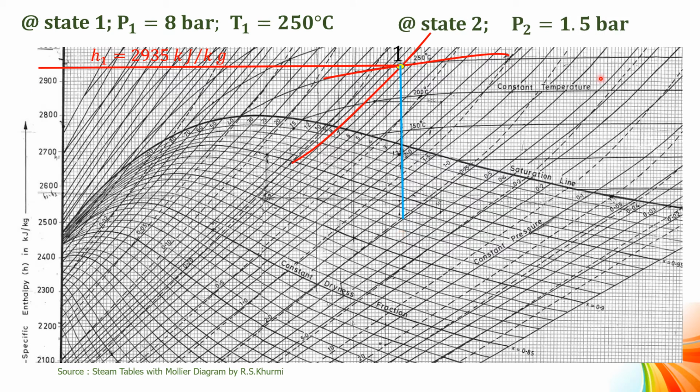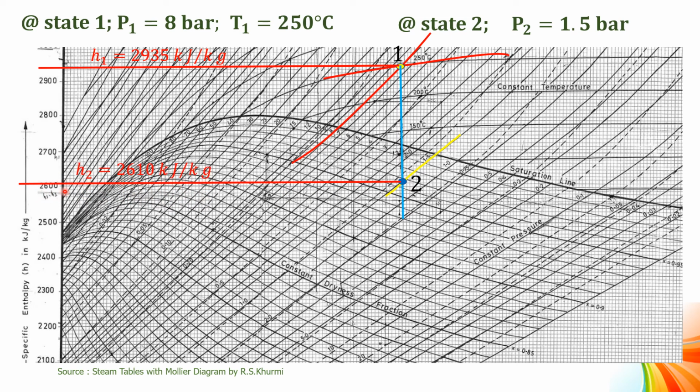Now, at state 2, the pressure P2 is given as 1.5 bar. So, this is the 1.5 bar pressure line. This 1.5 bar line and the vertical line are intersecting at this point. So, this point is 2. Now, from point 2, draw a horizontal line towards the y-axis.